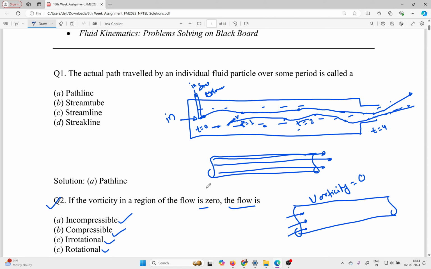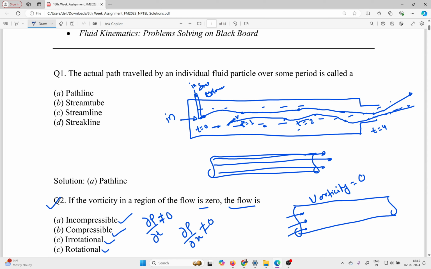But from a descriptive point of view, the incompressible flow is when the density of the fluid does not change, with respect to time, and with respect to space also, does not change.